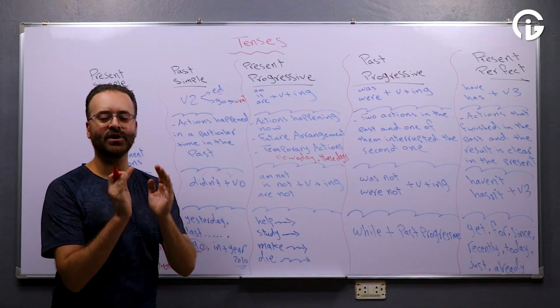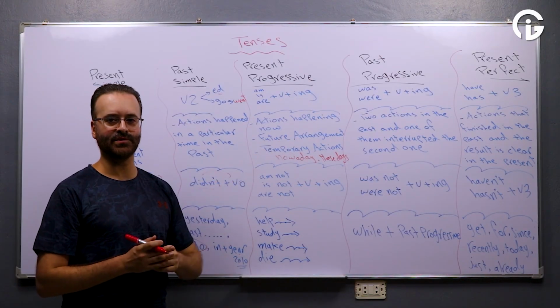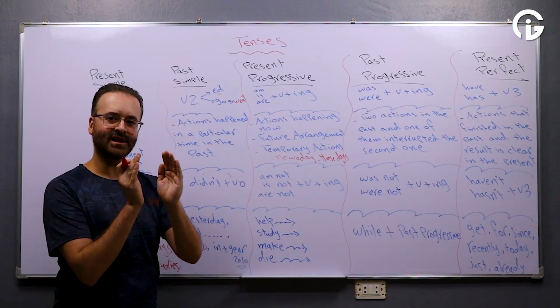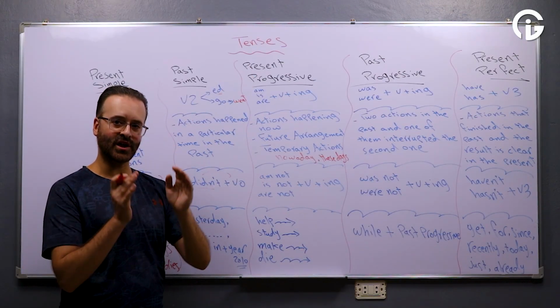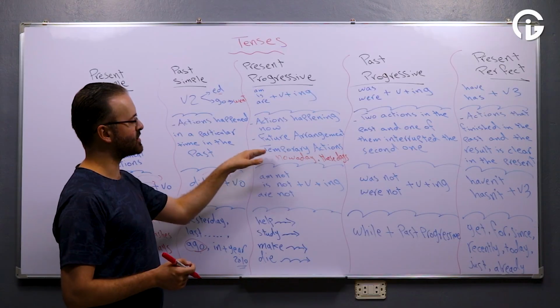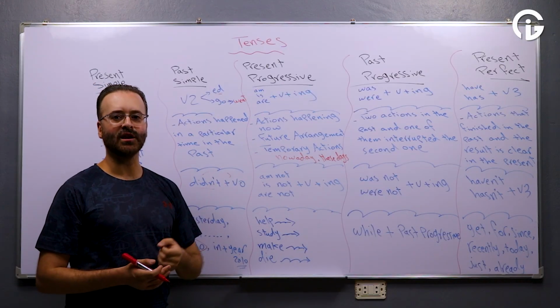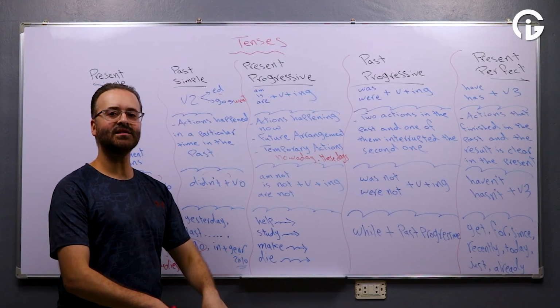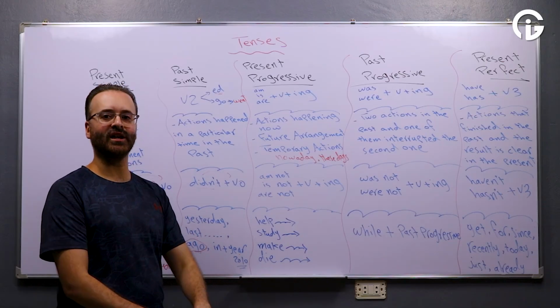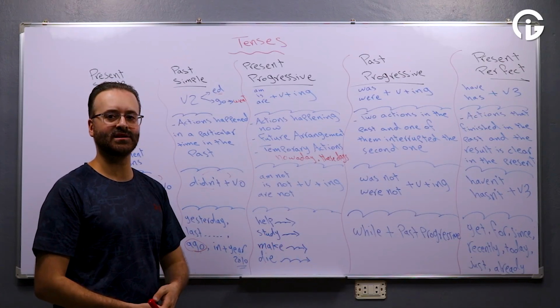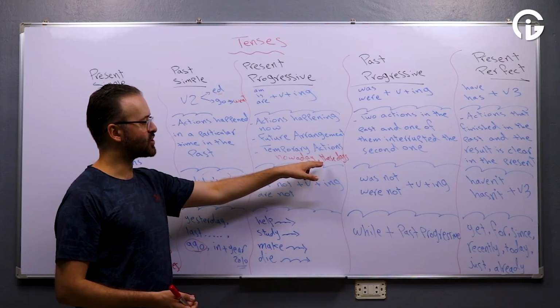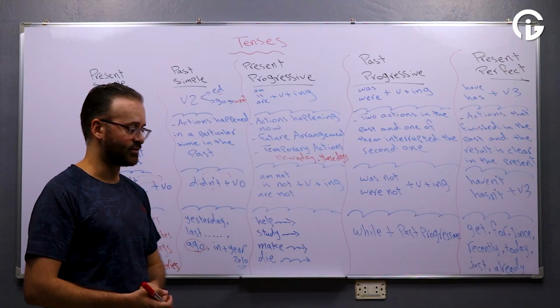It's a temporary action. It's not a permanent one. It goes for a short period of time, not a long period, okay? So this is the temporary action. For example, I'm eating a lot these days, just these days, okay? For 1 week, 2 weeks, for example, for 1 month, just these days I'm eating a lot of food.